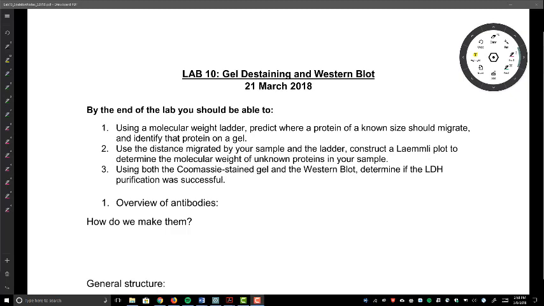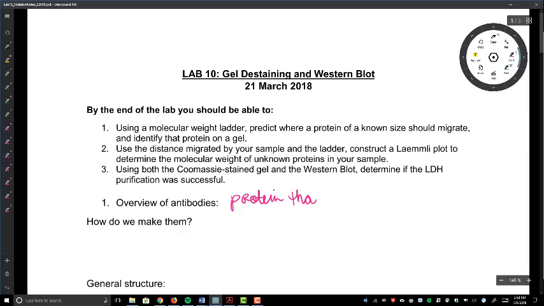So first things first, what is an antibody? Let's do a bit of an overview here. An antibody is a protein that recognizes and binds a particular antigen.